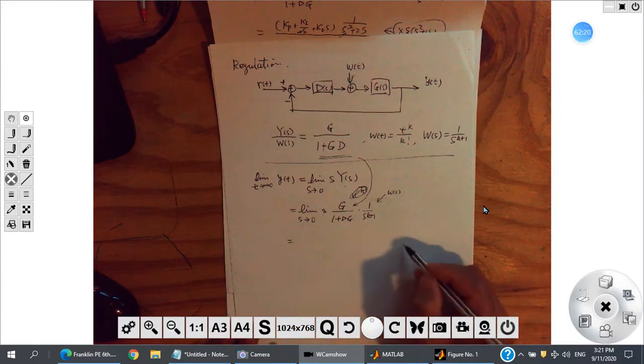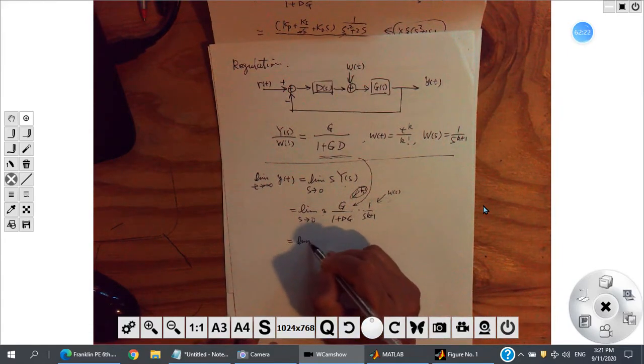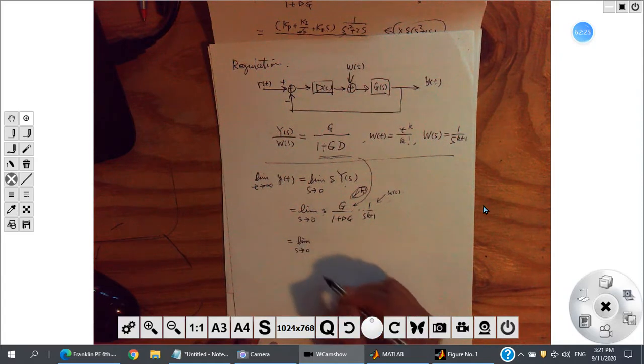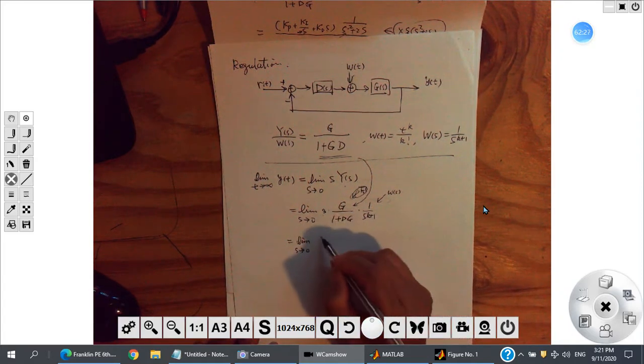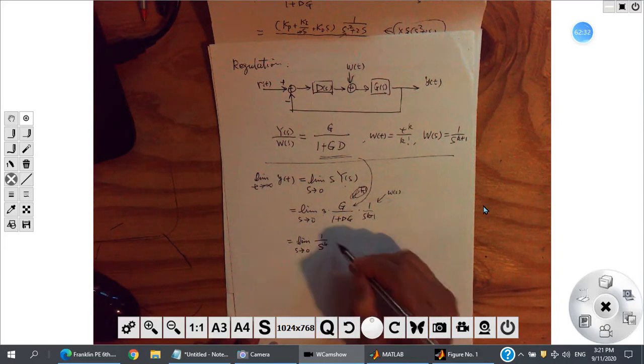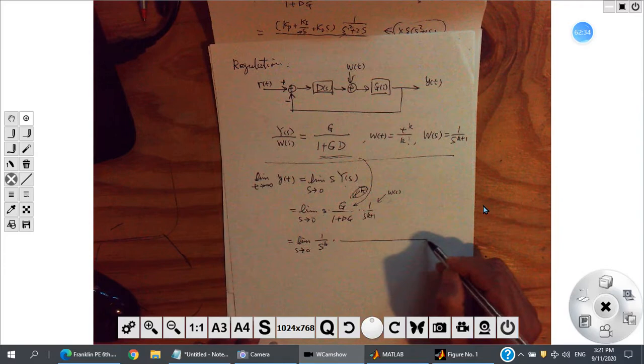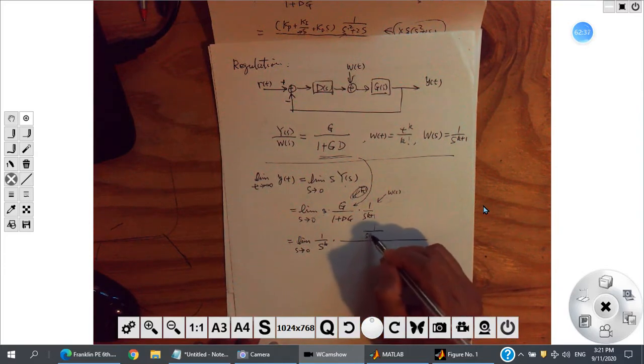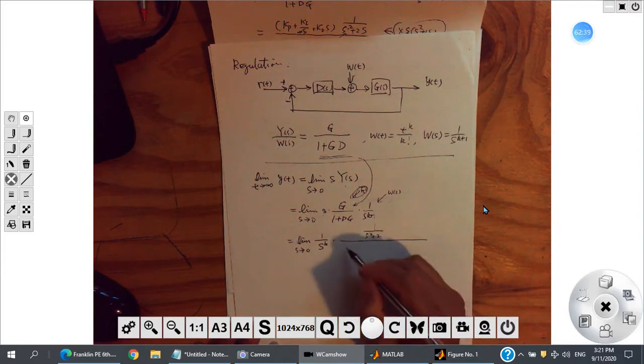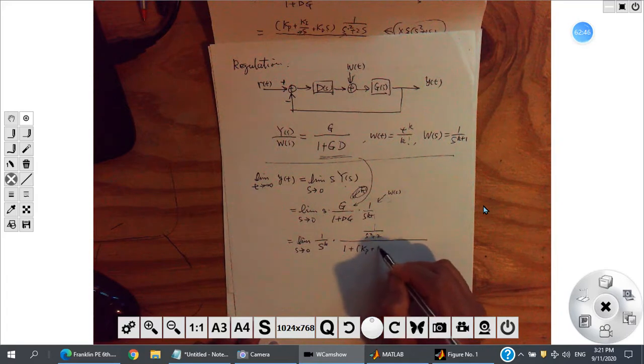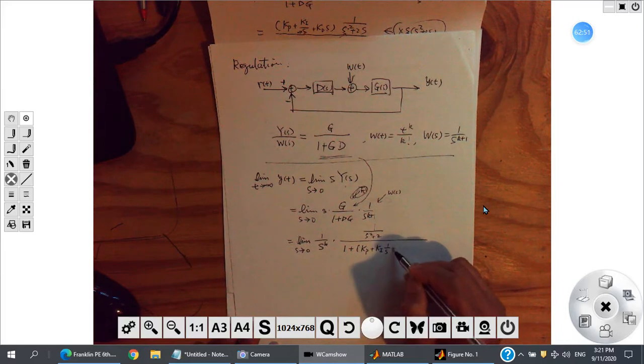Alright, let's plug in and simplify. S tends to 0, and of these two I can cancel one S. I have S to the K, and G is 1 over S squared plus 2S, and the denominator is 1 plus D. D will be KP plus KI times 1 over S plus KD times S. This is D, right?